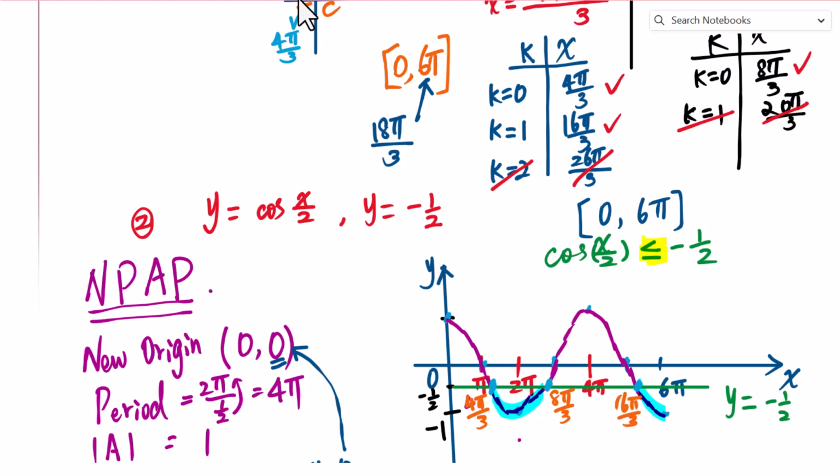We will write down the solution like this: bracket 4 pi over 3 to 8 pi over 3, union 16 pi over 3 to 6 pi.